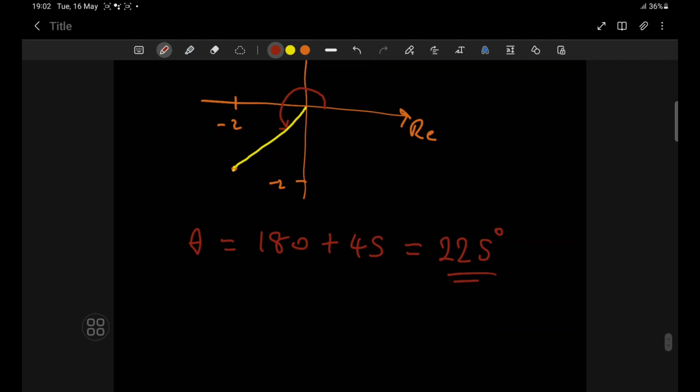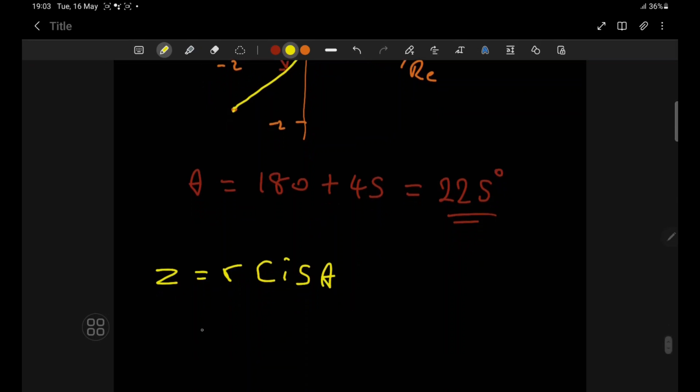We can present this as, so our complex number in trigonometric form or polar form will be, so remember the formula the way it was, r cis theta. So replacing, we'll have our r is 2 square root of 2, then cis 225, and that's it.